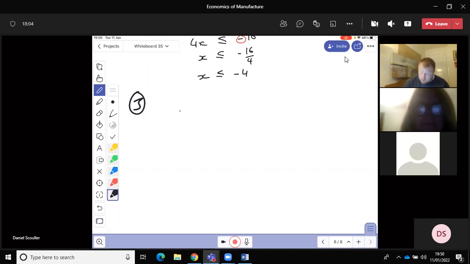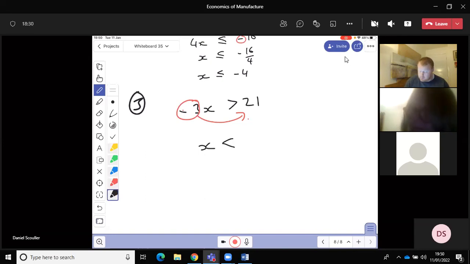Just do a very simple one: minus 3x greater than 21. If we had something as simple as that, we want to leave x on its own, so we're taking that minus 3 across to the other side. This is an example of when we're dividing by a negative. So when we leave that x, that symbol would flip.